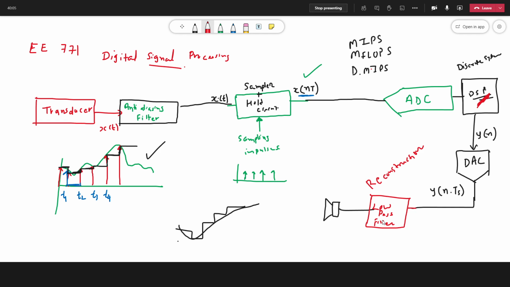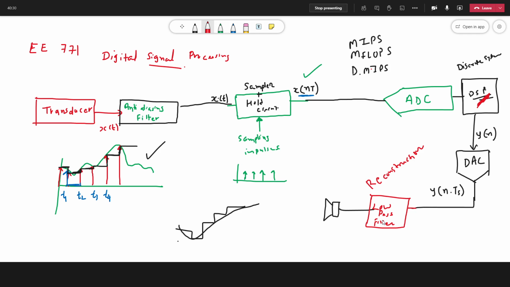So there you will not need digital to analog converter, reconstruction filter, speaker, etc. So depending on the application, several of the blocks may be present or absent. But these are the components you will generally find in any of the digital processing system.